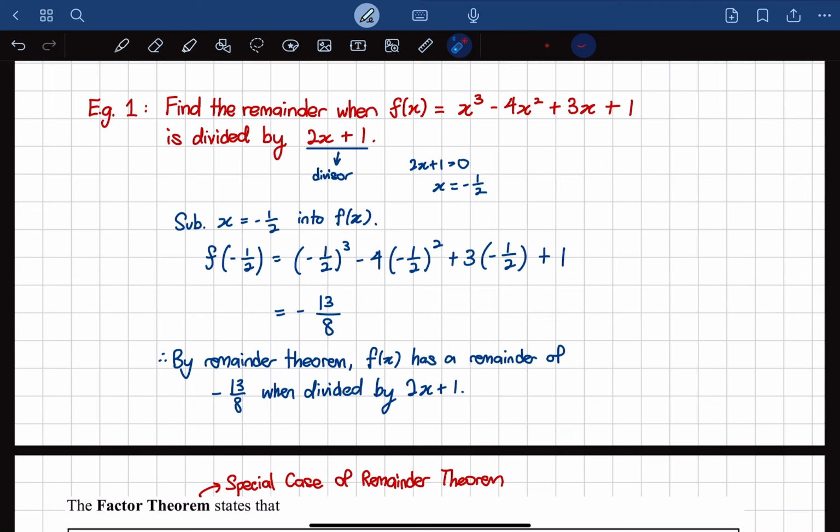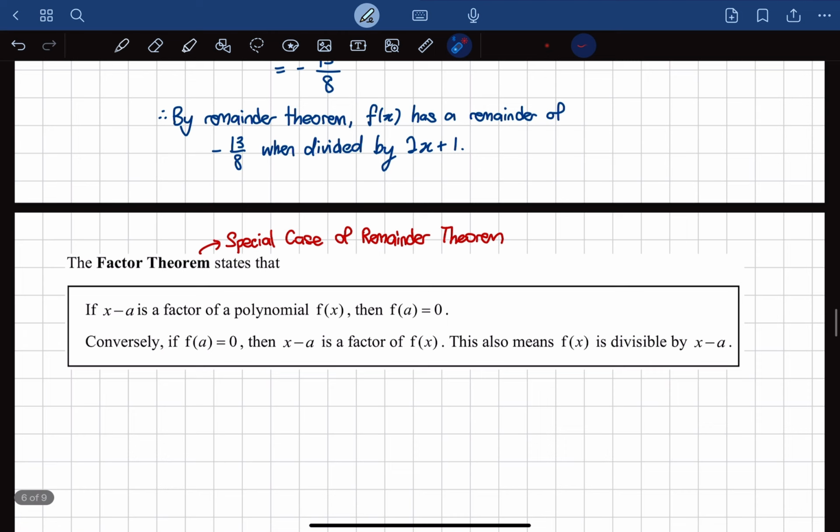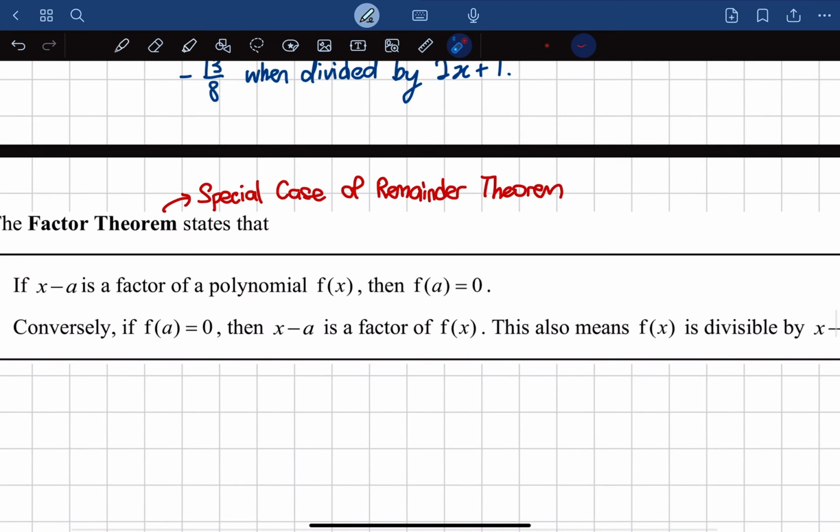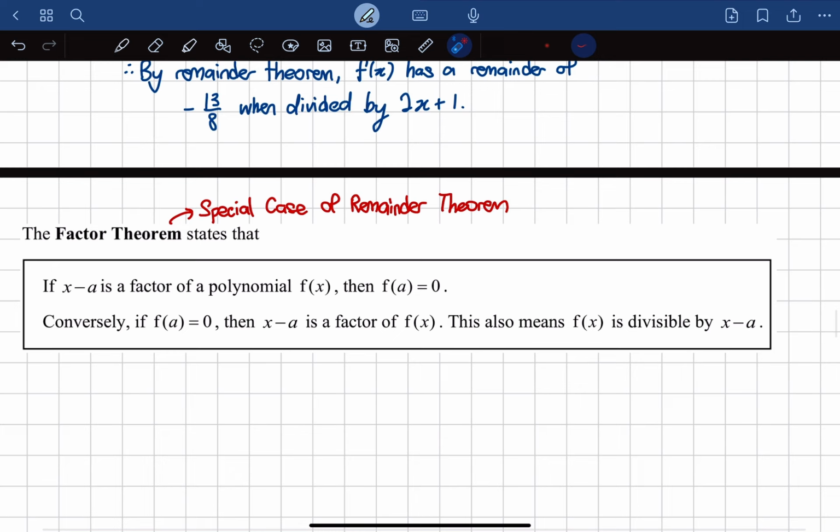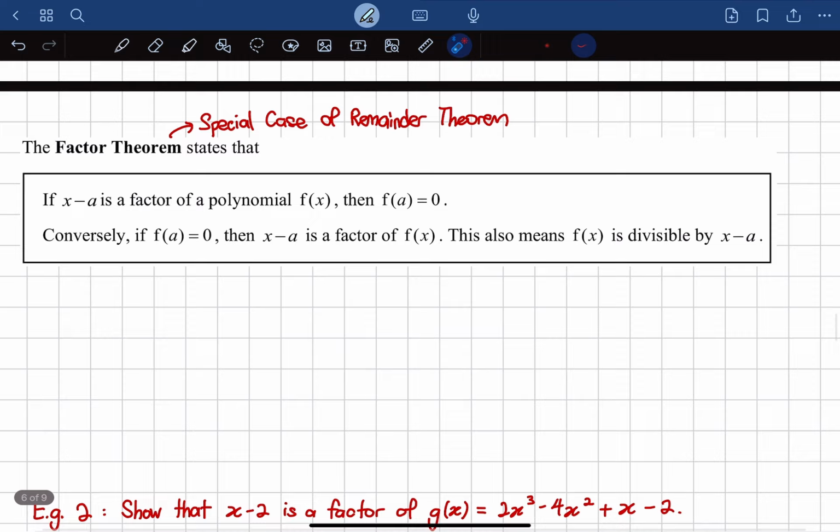When the remainder is equal to 0, this linear factor is a factor of f(x). I can also say that f(x), the original polynomial, is divisible by the linear factor I am dividing by.